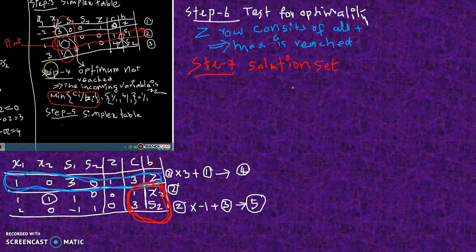So x1 is not there, so x1 is equal to 0, and x2 value is 1, and s1 is not there, so s1 is 0, and s2 is there, yes, it is equal to 3.